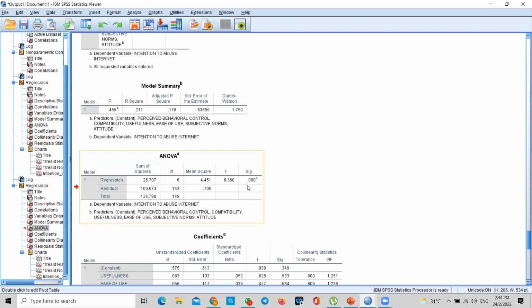Therefore, your model is not fit, and the findings of this regression analysis cannot be used. So this has to be significant. Now, even though my R² is low at 21.1%, my model is fit, so it's all right, it's acceptable. Are you following me? Yes, Professor.